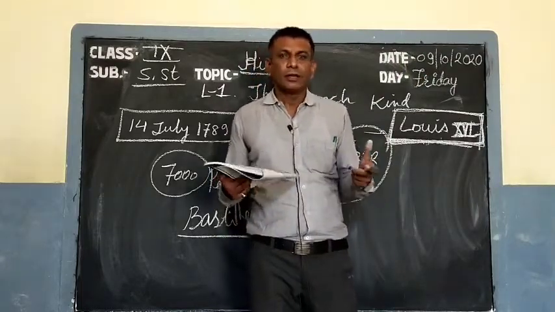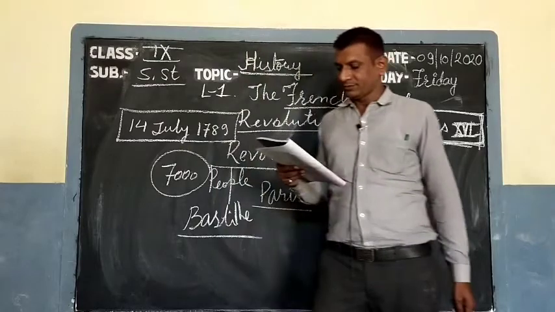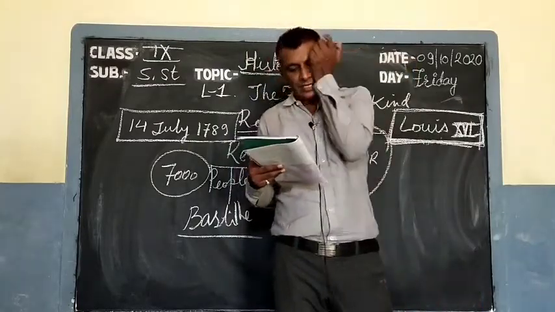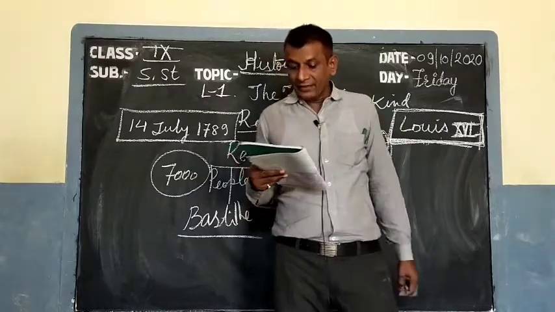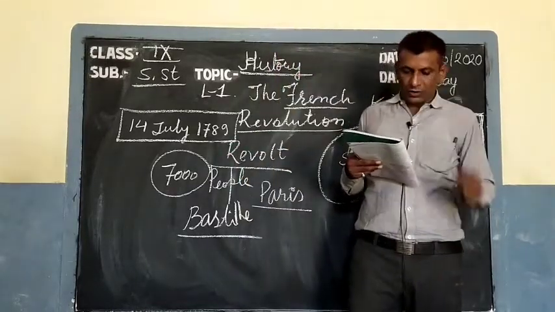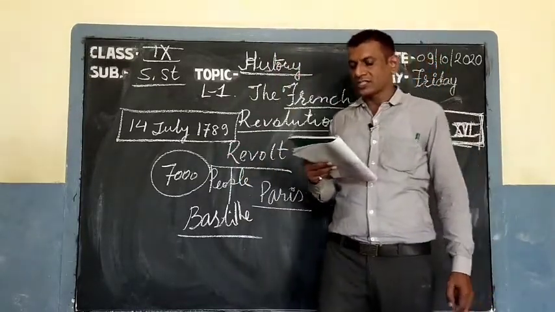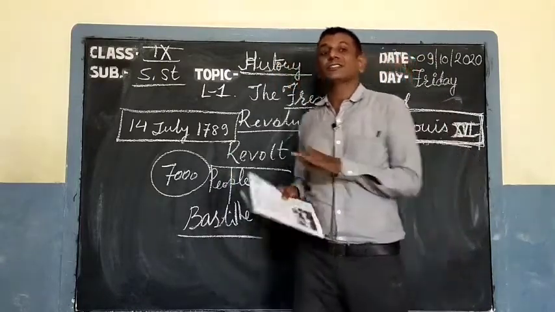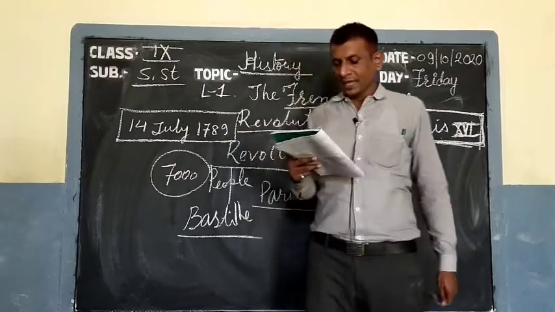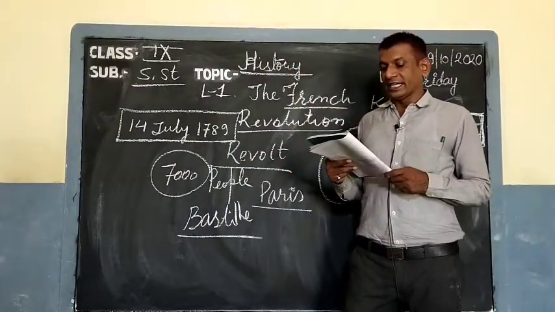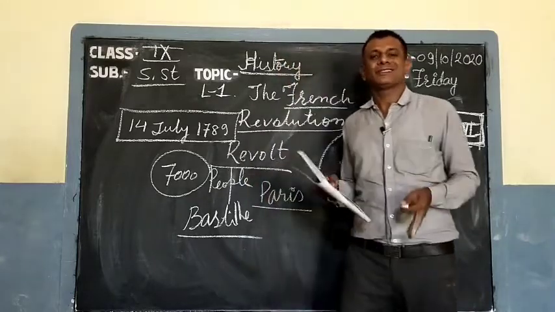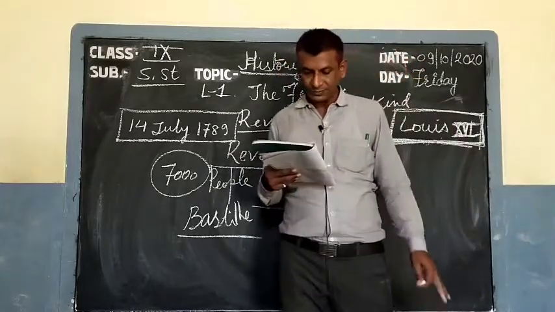So they were searching for arms, and they entered the Bastille fort. In the armed fight that followed, the commander of the Bastille fort jail was killed by the people, and the prisoners were released, though there were only 7 of them.